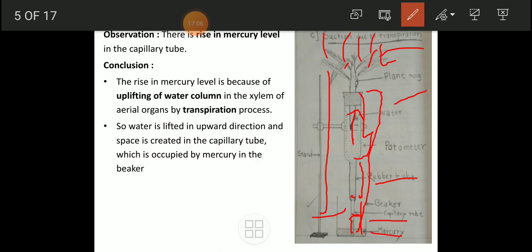So suction pressure is created, and that suction pressure is responsible for that.